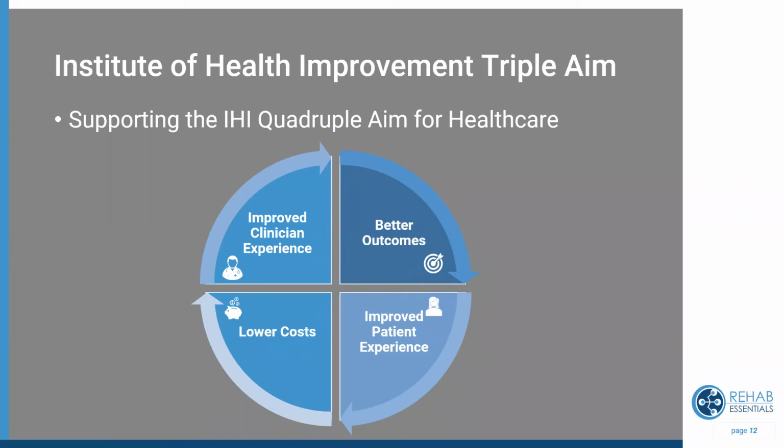Now, there also is a quadruple aim, and the 4th aim is improved clinician experience, because the IHI was very mindful of preventing burnout. And this was all before the pandemic. So you can even imagine how much more important the 4th aim is in these times.